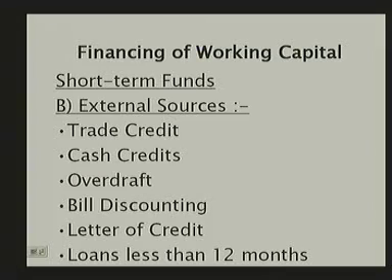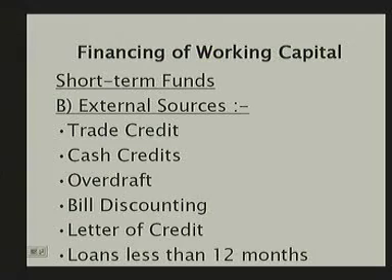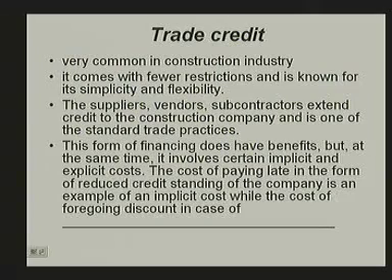We have trade credit, cash credit, overdraft facilities extended by certain banks, bill discounting facility, letters of credit, and loans of less than 12 months duration. Now, we will go to each one of them briefly, and then we will proceed to the long term financing sources. Now, trade credit is very common in construction industries.